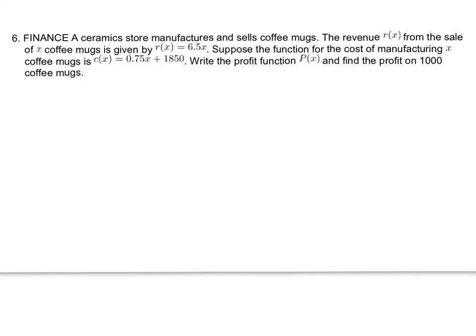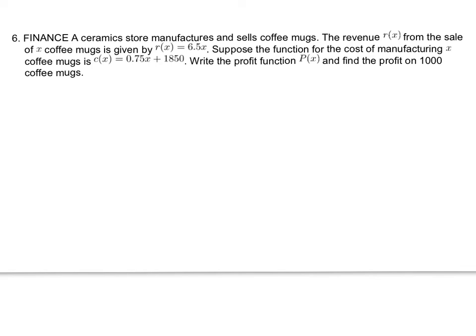So for this last example, you're trying to make a profit by selling coffee mugs. When you sell stuff, your profit is how much you sold it for minus how much you bought it for.